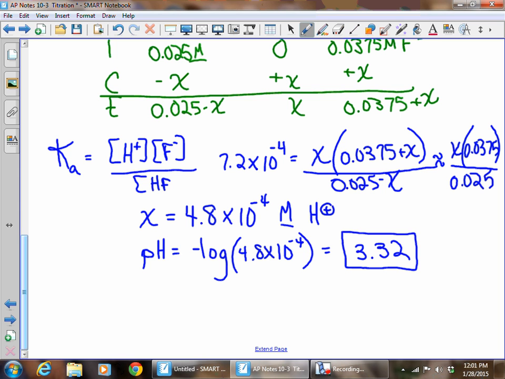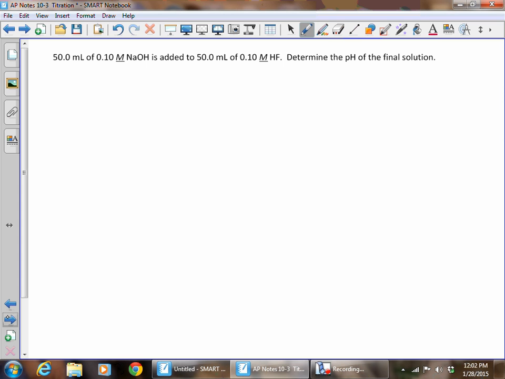So remember, for all of these problems, I'm going to do one before you reach the endpoint, at the endpoint, and after the endpoint. So our next one is going to be at the endpoint. So let's look at how that plays out. We're still going to have the same reaction. OH minus, it's still the strong first. OH minus is going to be reacting with the HF and forming H2O plus F minus.